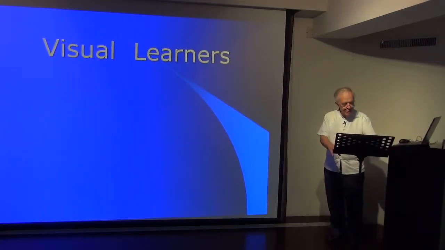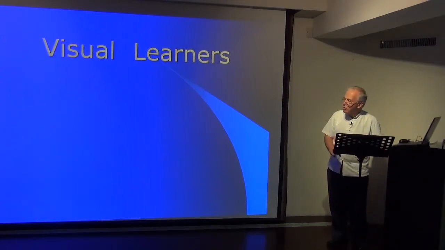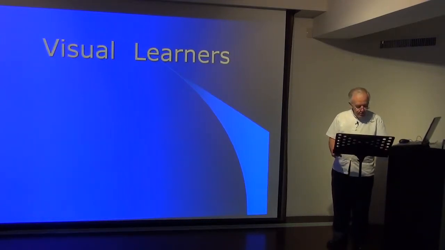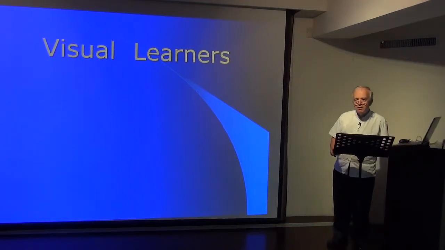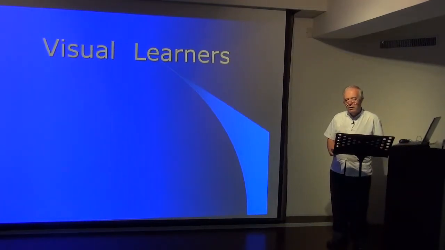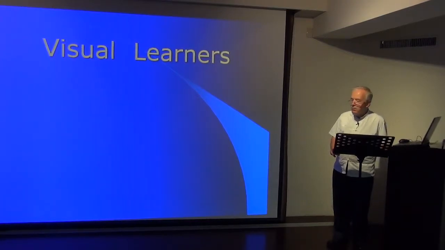I'm going to call out some numbers to see whether or not you check them off. 1, 4, 7, 10, 13. I'll say it again. 1, 4, 7, 10, 13.